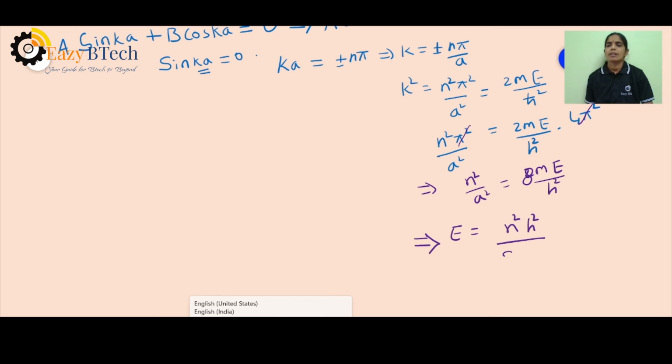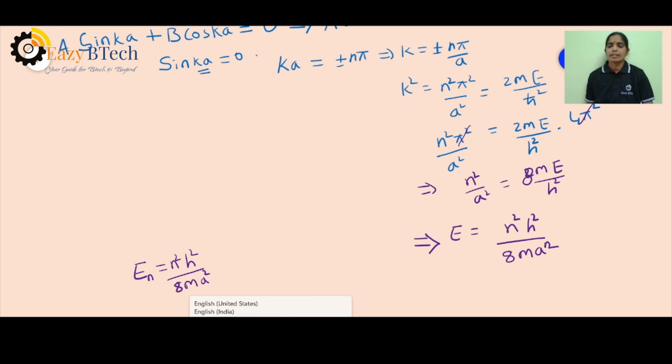So the energy of the nth level is represented as this. We can never have n as 0. If n is equal to 0, then we do not have the possibility of a wave function. So n will never take the value 0.